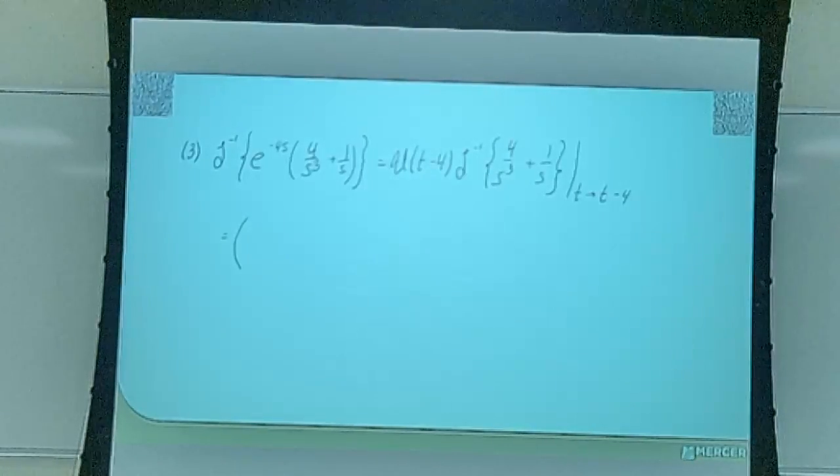Right? Because you could write 4 over s cubed as 2 times 2 over s cubed. Now that 2 over s cubed is t squared. But that t has to be replaced with t minus 4. And what's 1 over s?